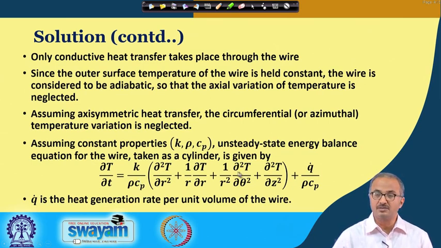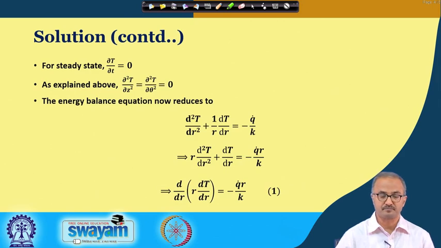All these terms denote the diffusional effect of heat transfer on temperature, given in the three directions: this is for the radial direction, this is for the theta direction, and this is for the z direction. Then we have a source term, which in this case comes from the heating of the wire by some external current flow.